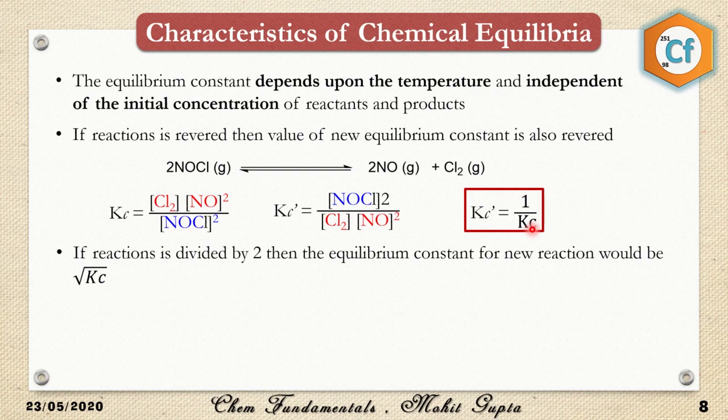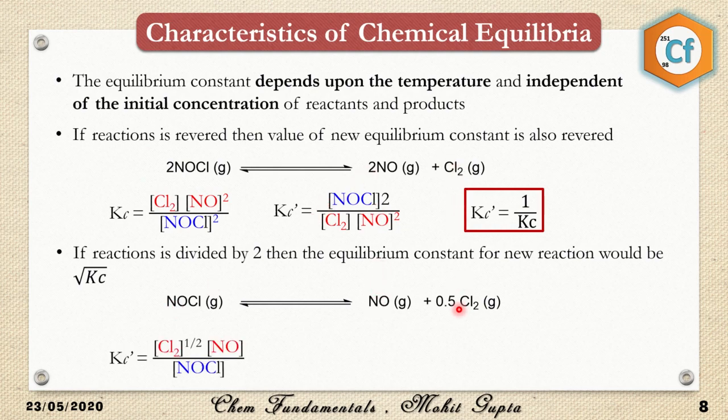If you have a reaction and you divide it by 2, then the equilibrium constant won't be divided by 2. It would be the square root of the old equilibrium constant. To explain that, I have taken this reaction and divided it by 2. So it becomes 1, 1 and 0.5 or 1 by 2. If I write down the equilibrium constant, I get Cl2 raised to power half, NO raised to power 1, NOCl raised to power 1.